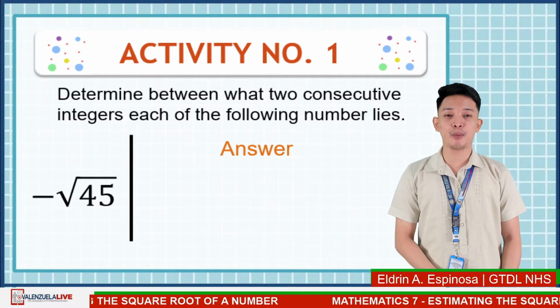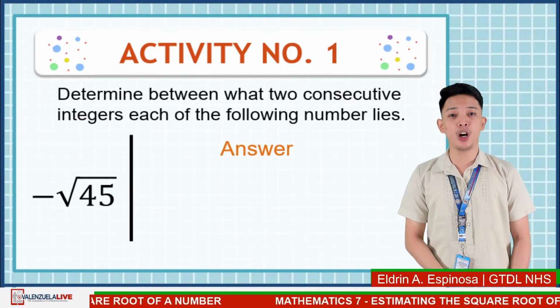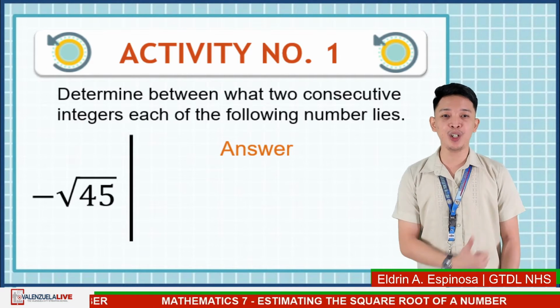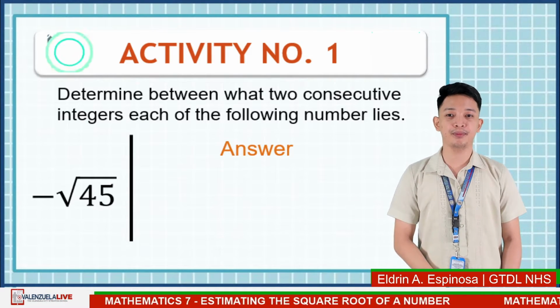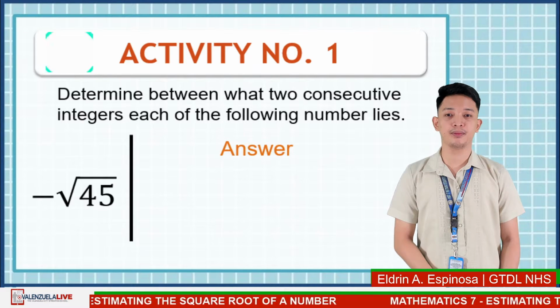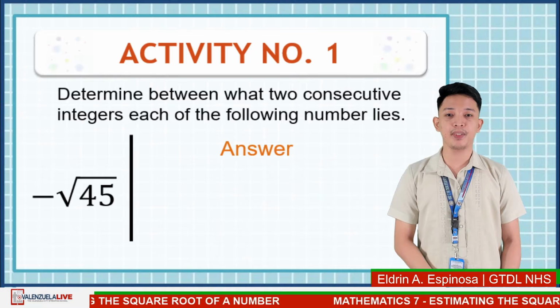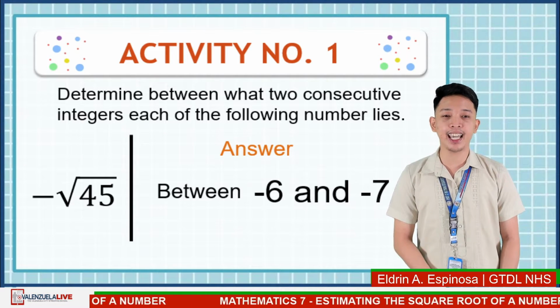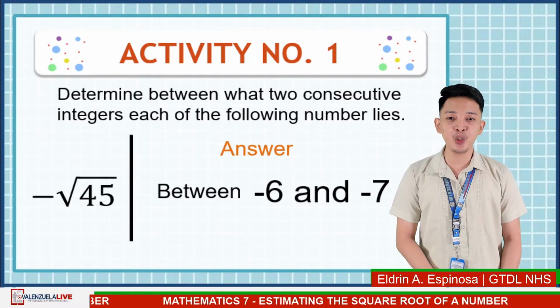Next number, negative square root of 45. 5 seconds, go! If your answer is between negative 6 and negative 7, then you are correct.